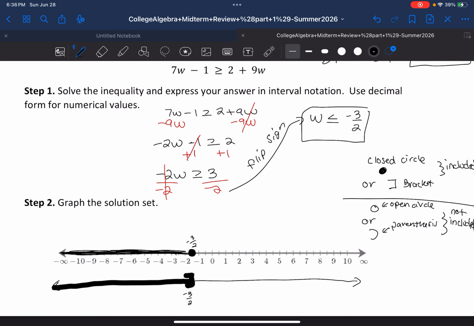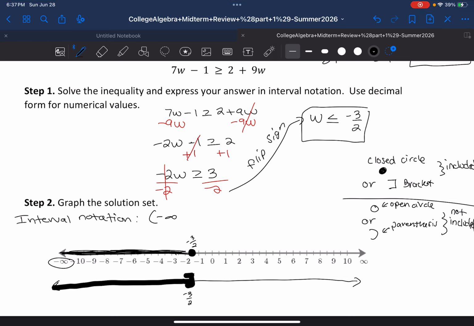All right, now it's kind of easy to see what the interval notation is based on the graph on the number line. Interval notation is built using exactly what you see on the number line. You always start from left to right, and because it's going all the way to negative infinity, we're going to start with the parenthesis because infinities always get parentheses.